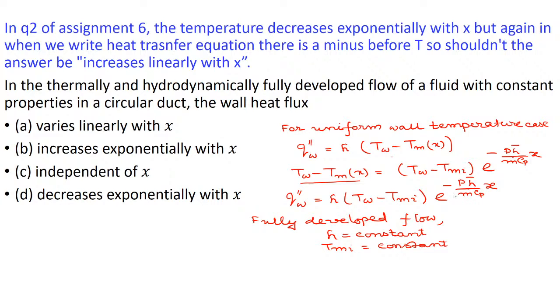In the exponential, h bar is the average heat transfer coefficient, P h bar by m dot cp into x. So obviously q double prime w decreases exponentially with x.